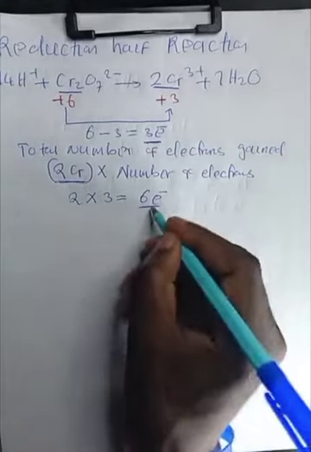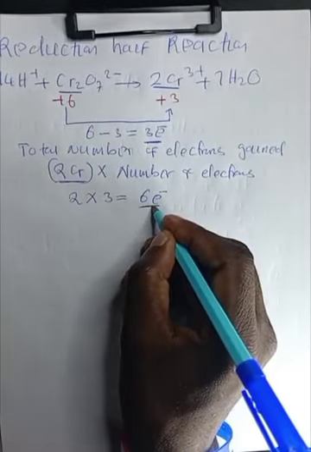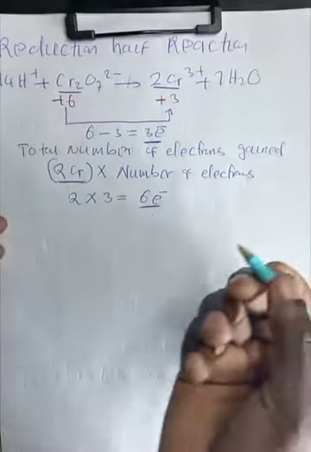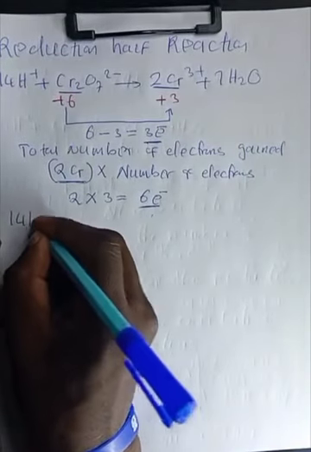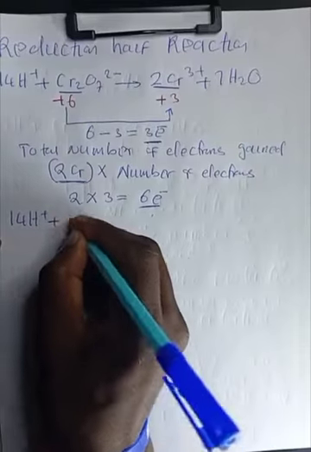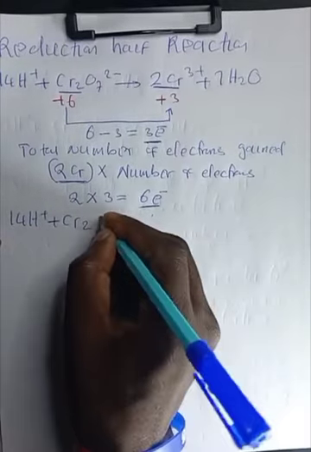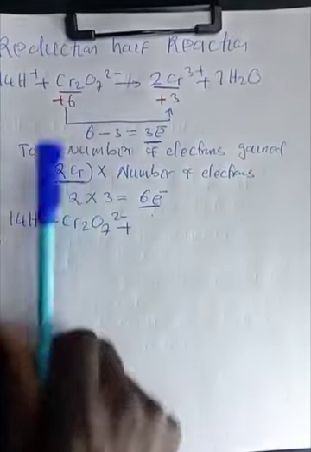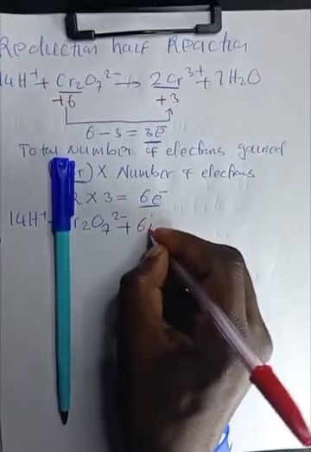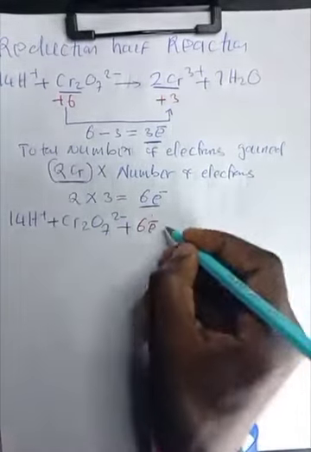So meaning these 6 electrons have to be added to the reactant side because this is a reduction reaction. So now let's write our new equation: 14 hydrogen ion plus Cr2O7 minus, then plus the 6 electrons now. Okay, very important.